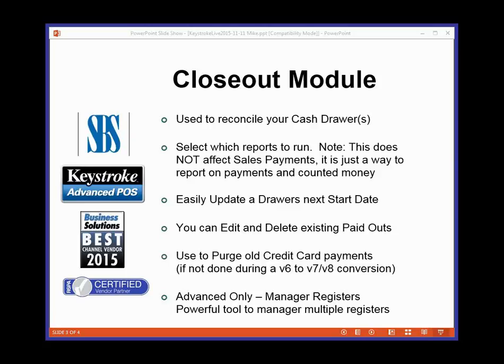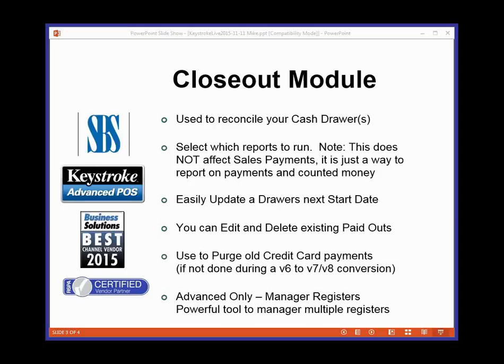There are ways to easily update the starting drawer amounts and the next starting date, and we'll go through that in a little bit here. You can also, in version 7.15, now edit paid outs. Prior to 7.15, you had to delete the paid out and then recreate it, which was kind of cumbersome.